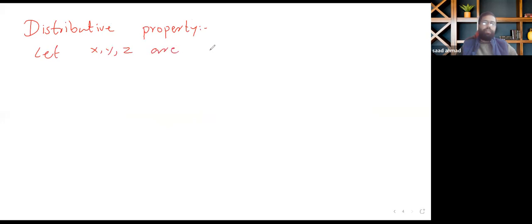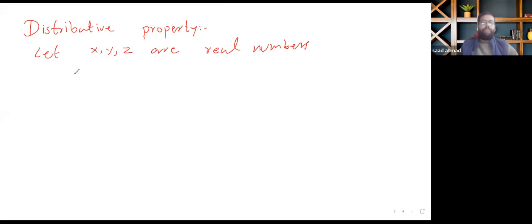Okay, so the next one is the distributive property. Let's say again we have three numbers. Let x, y, z be real numbers. Then the distributive property is like this.